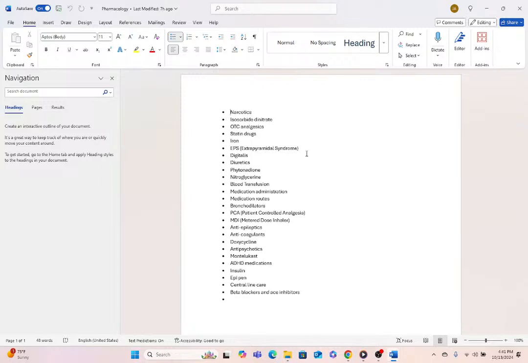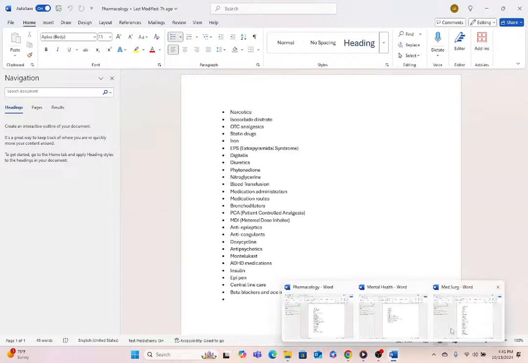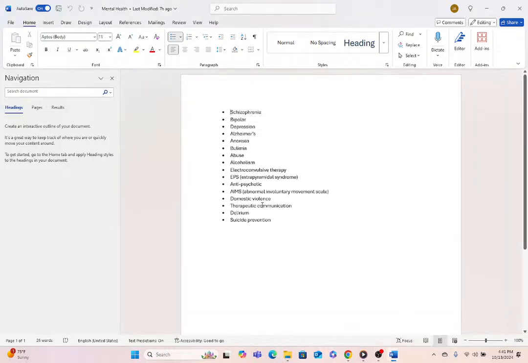Based on this finding, the nurse can conclude that the patient has what? Metabolic alkalosis, because they're both higher. First off, I said look at the pH because it will already give you half of the answer. So we're only going to pick an option that says alkalosis.